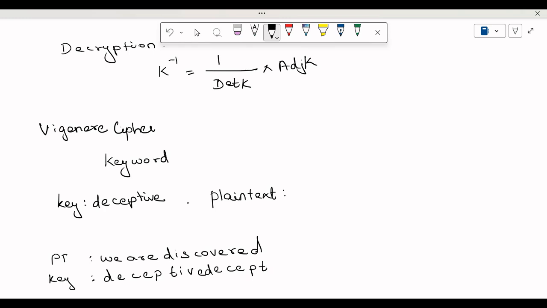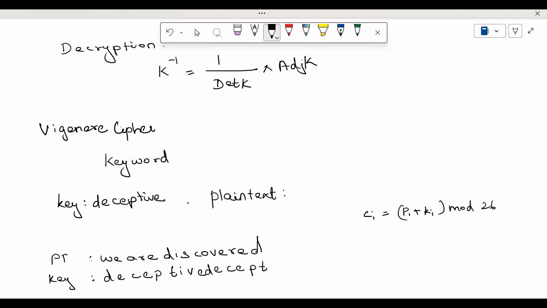Now we are going to proceed with the encryption. So how to proceed with the encryption? The ciphertext is going to be Pi, position of the plain text character, plus Ki, the key character, mod 26.